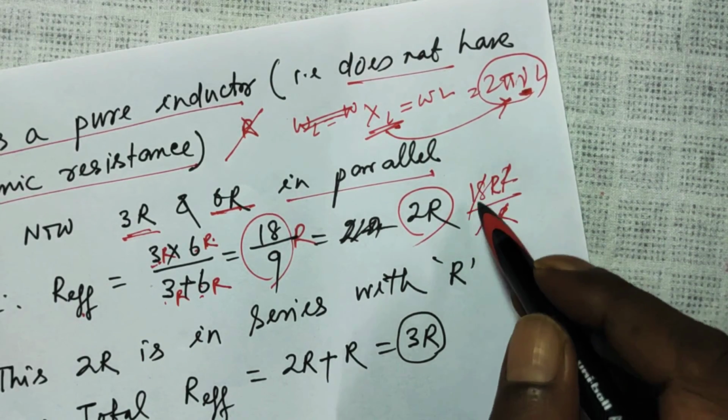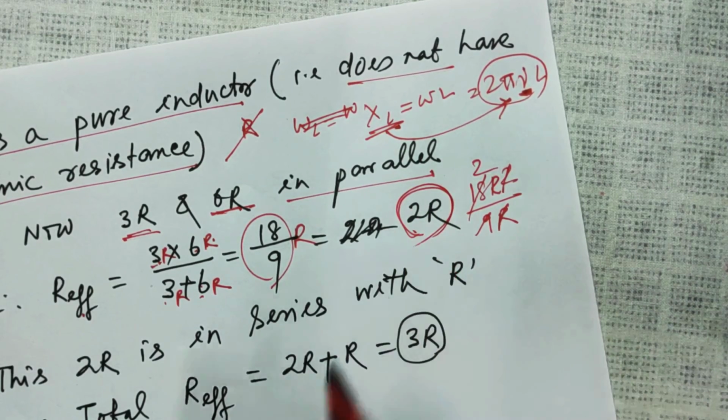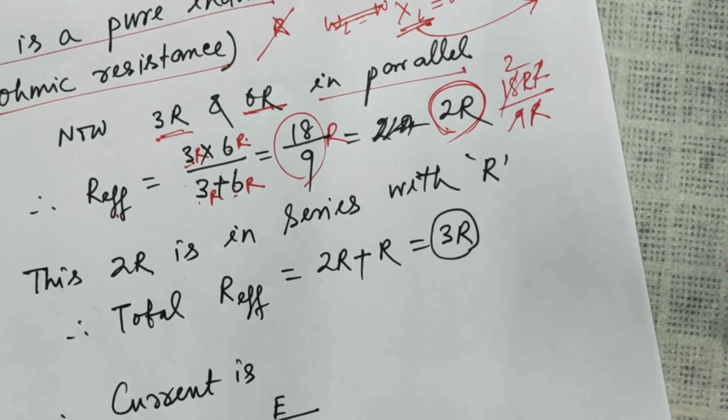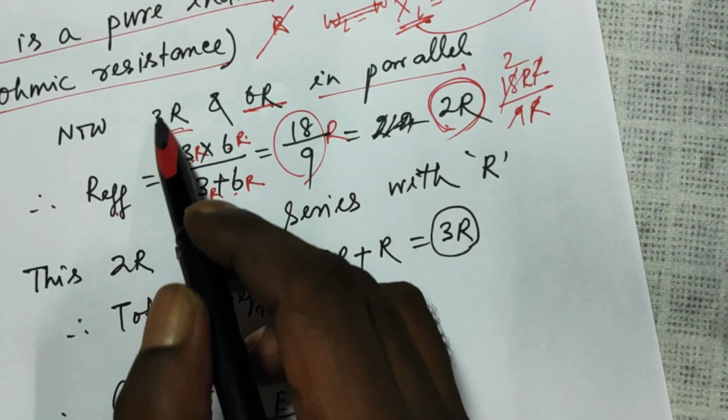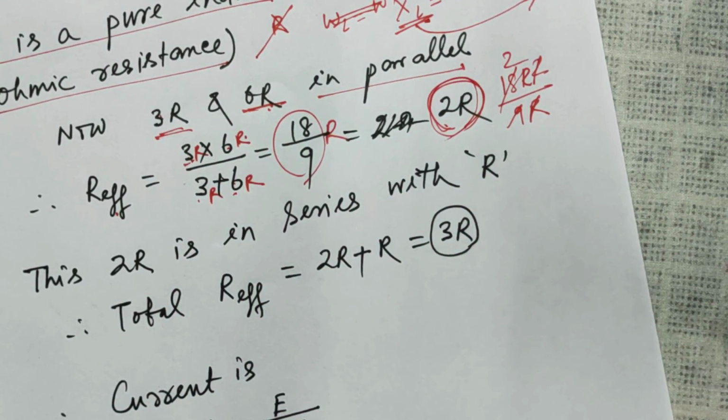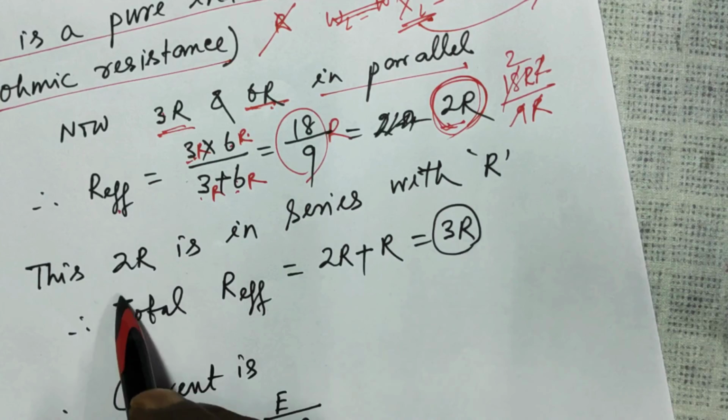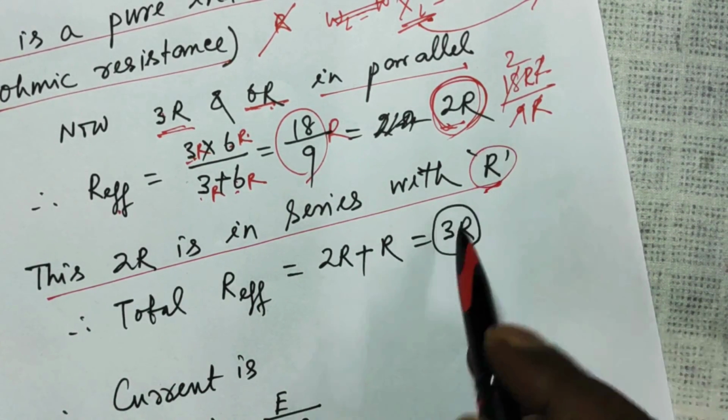So that is equal to 2R, not 2, because the value of R is not given. So the effective resistance of 3R and 6R is 2R. And this 2R is in series with R.